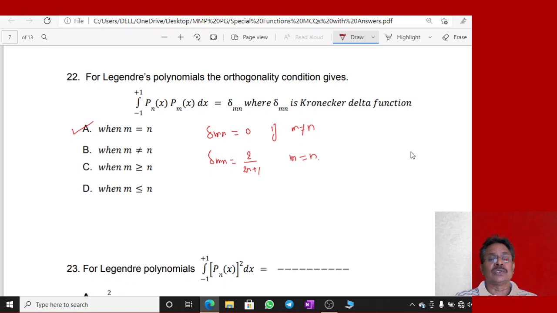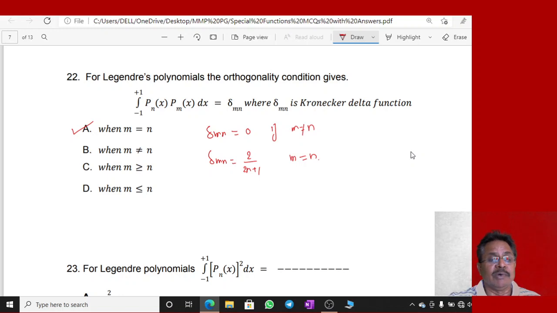For m not equal to n, this integral gives a value equal to 0, and for m greater than or equal to n or m less than or equal to n, this integral does not give the Kronecker delta values, and therefore the correct answer for question number 22 is A. When m is equal to n, the right hand side of this equation is the Kronecker delta function in the orthogonality condition of Legendre's polynomial.